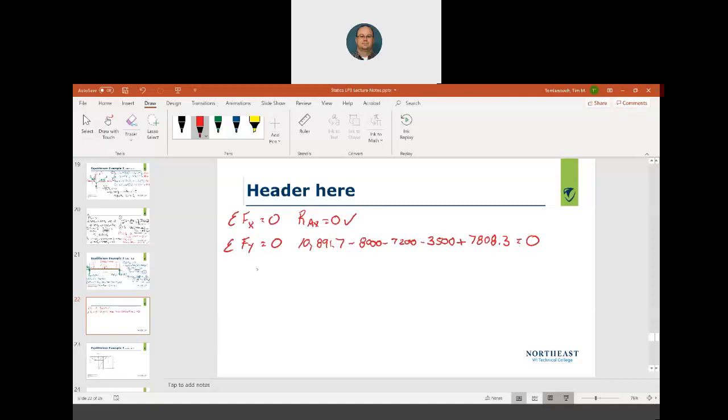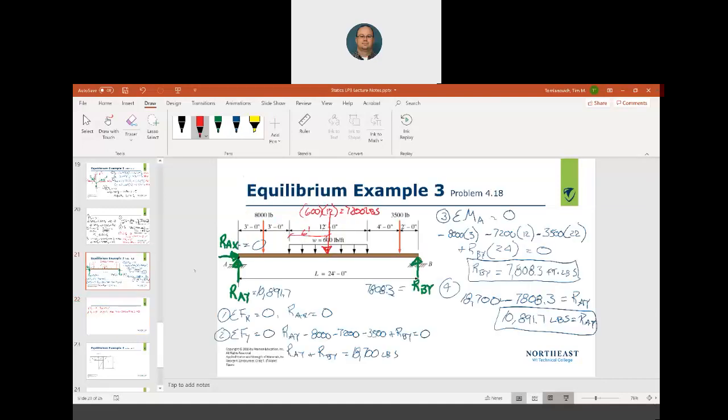Did I miss something here? Let me double check. I don't get 0. All right. So 10,891.7 minus 8,000 minus 7,200 minus 3,500.